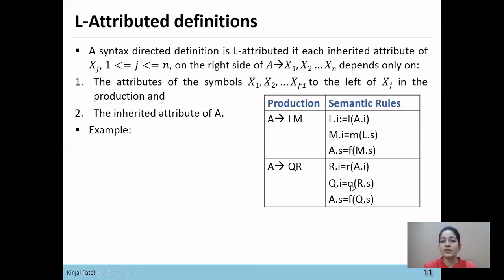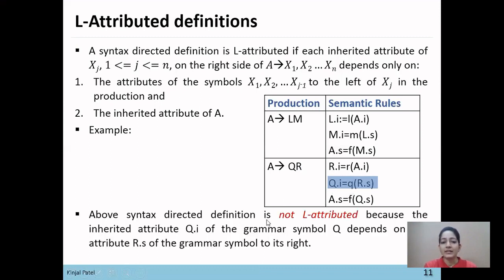So this rule does not follow the rules of L-attributed definition, as inherited attribute cannot be dependent on the right siblings. So the second production rule is not L-attributed definition because of the second semantic rule.